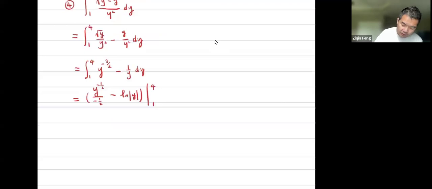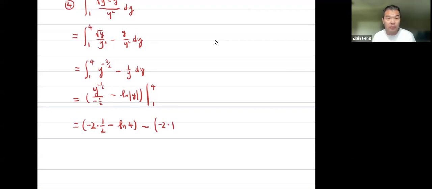If you plug in 4, the first term is negative 2, switching negative 1/2 to the numerator, you get negative 2 times 4 to the power negative 1/2, which is 1 over 4 to the 1/2. 4 to the 1/2 is 2, so this is negative 1 minus natural log of 4, then minus negative 2 times 1. 1 to negative 1/2 is 1, right?